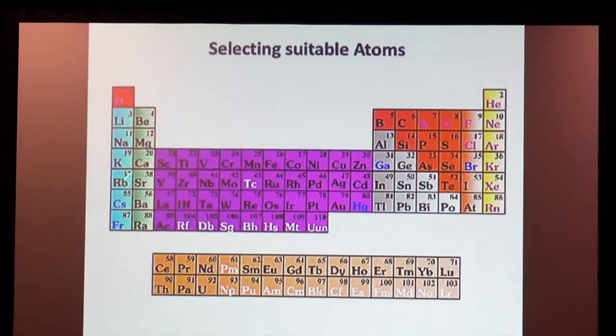So, selecting suitable atoms. We are talking about the 1950s, lasers had not yet been invented, so it turned out that the most suitable atoms were the group 1 elements. I'm not going to go into details, but these are attractive because they have one unpaired electron in the outermost orbit, that's the valence electron, and they are easily ionized.